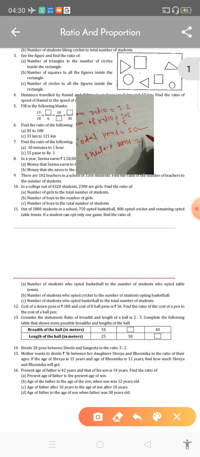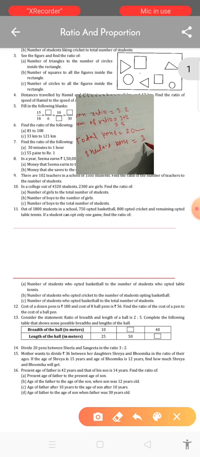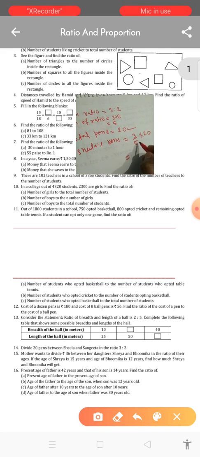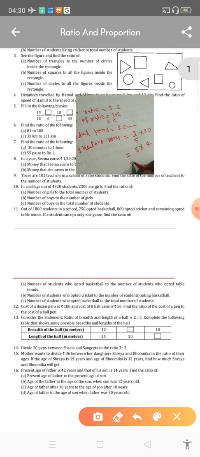So you write 3/5 into 20, which is equal to 5 fours are 20, so 3 into 4. So the number of pens Sheila got is 12.